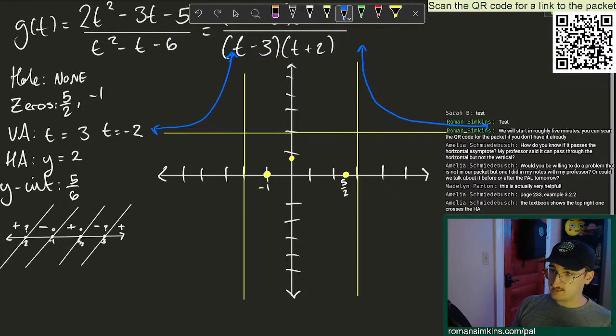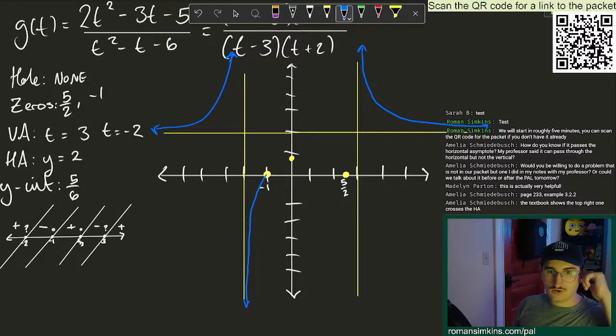So from the asymptote to negative 1, I'm staying negative. So I'm starting down here. I am moving upwards, close to that asymptote, and then I'm going to trail off and touch my 0. The textbook shows the top right one crosses the horizontal asymptote.